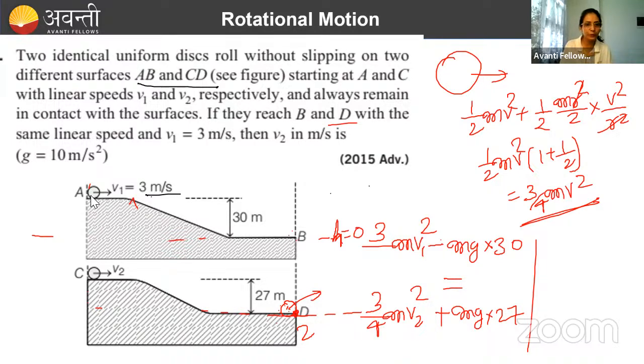That's not given, that we have to calculate. Now, one more information is given कि when they reach B and D with the same linear speed, they are reaching B and D with same linear speed. So यहाँ पे ball A is having velocity V and यहाँ पे another ball is having velocity V.